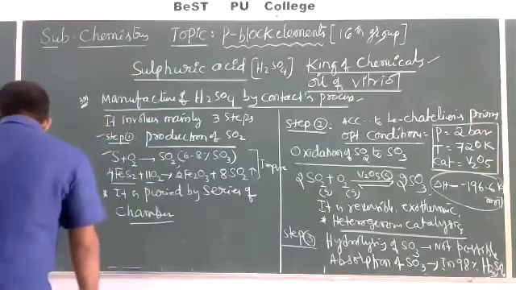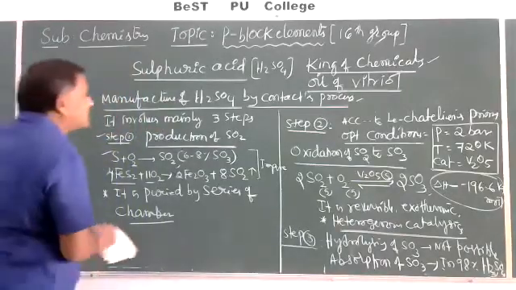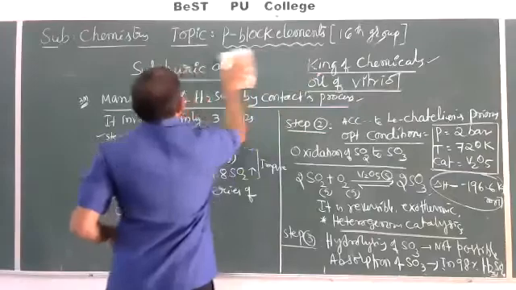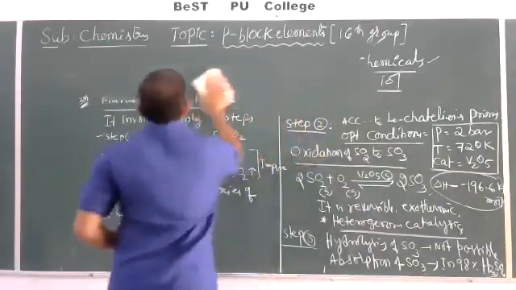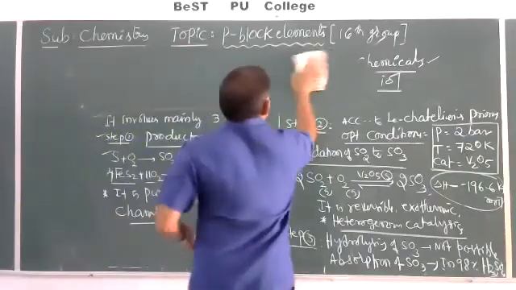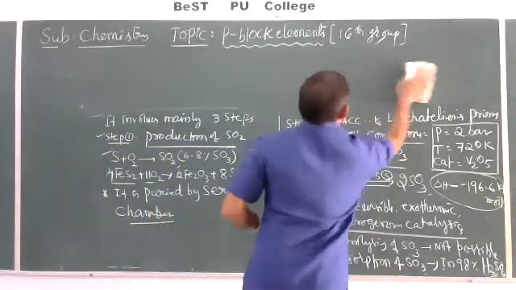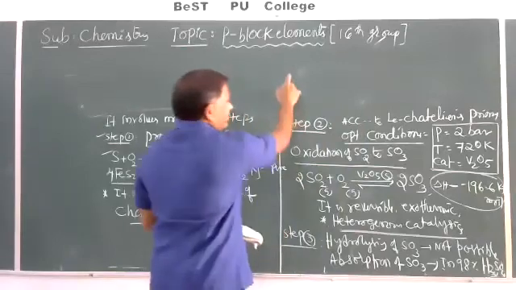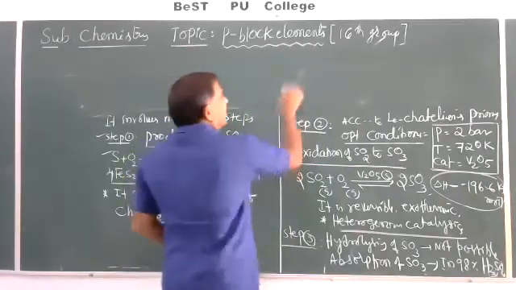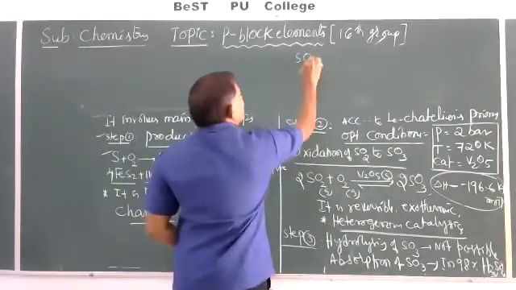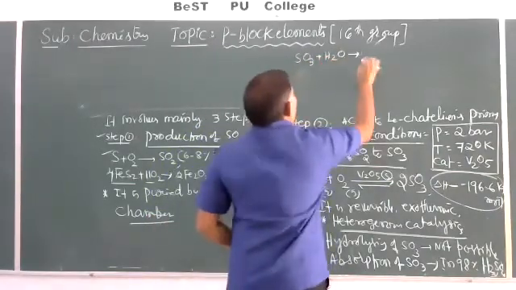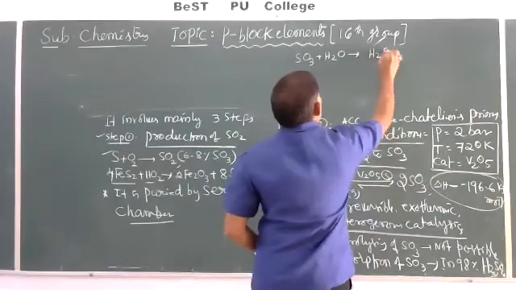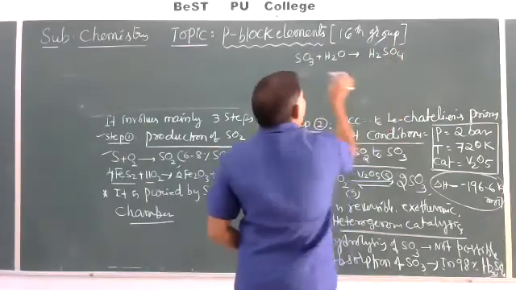In the third step, here I will write, sulfur trioxide is reacted with water, hydrolysis. H2SO4 is formed.